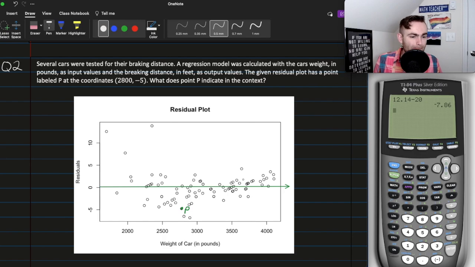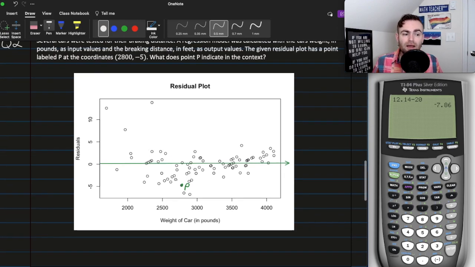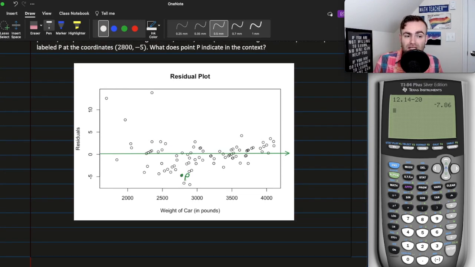So what that means for us is the residual is negative, right? So if the residual is negative, we had an overestimation. It's under the estimate, right? So the model, the regression, the model. Actually, I like that better. Let's do the model.